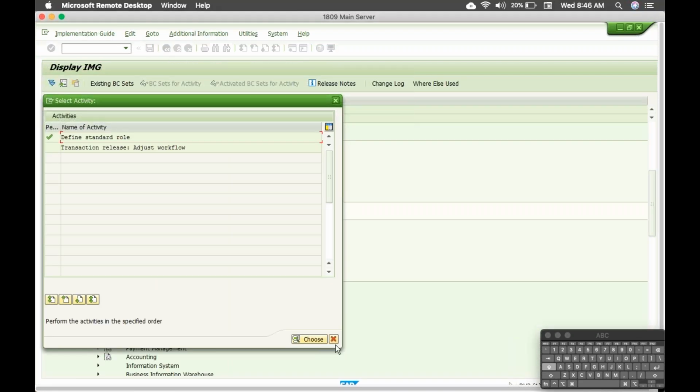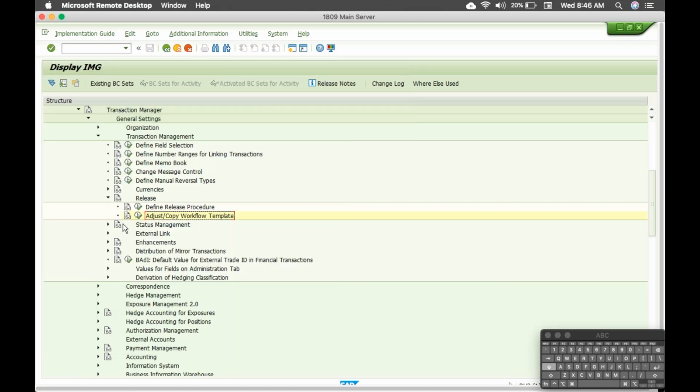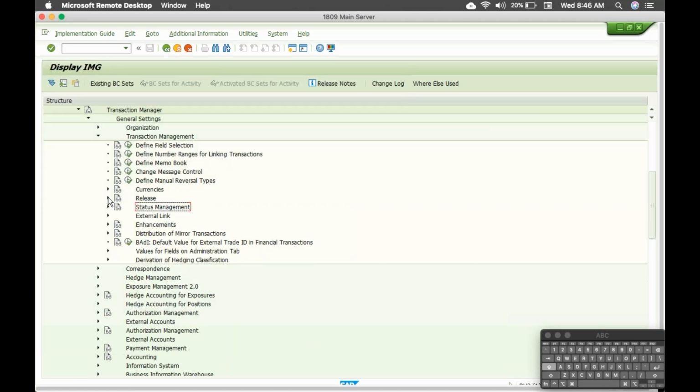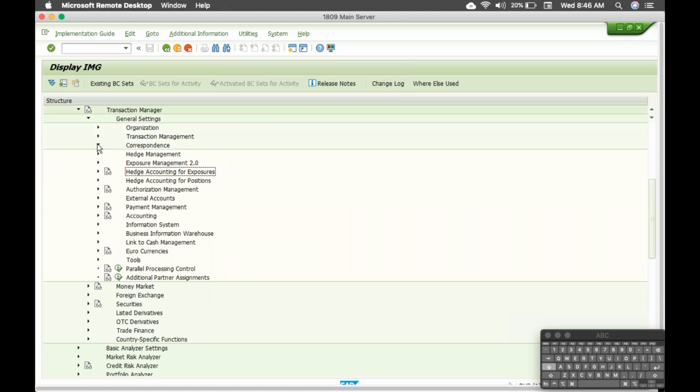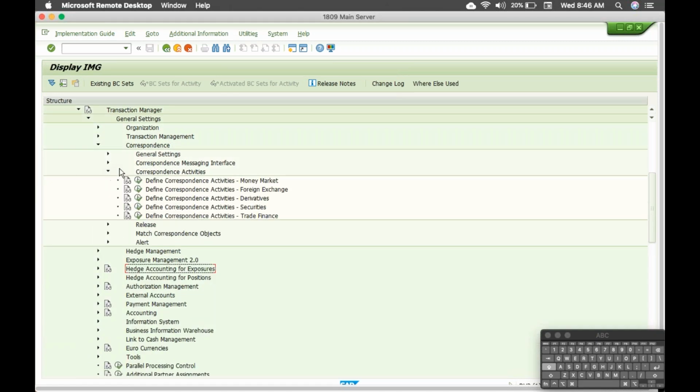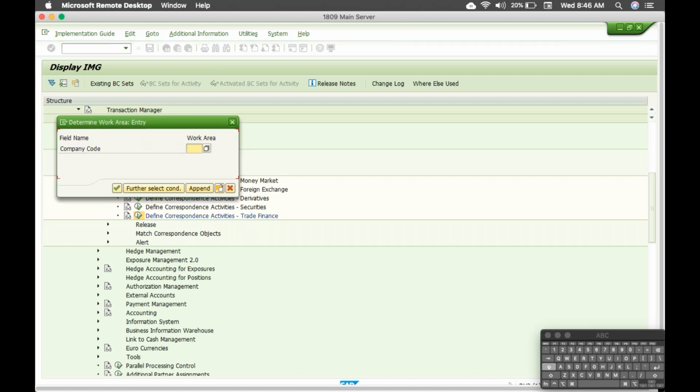Come back. Once this is done, go to correspondence. In the correspondence activities, again you can see define correspondence activities, trade finance. Execute this. We don't require payment management and account management in this case.